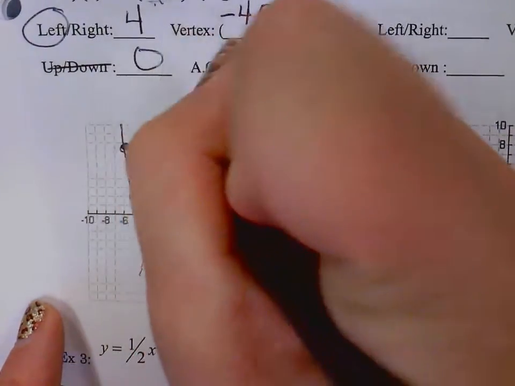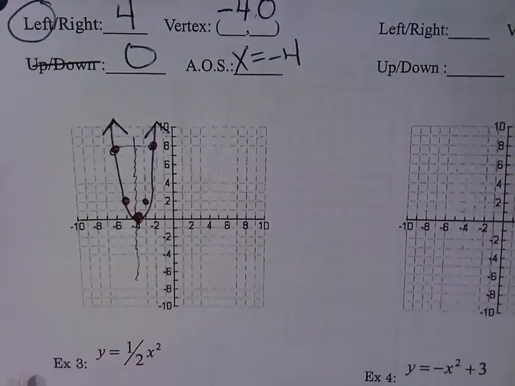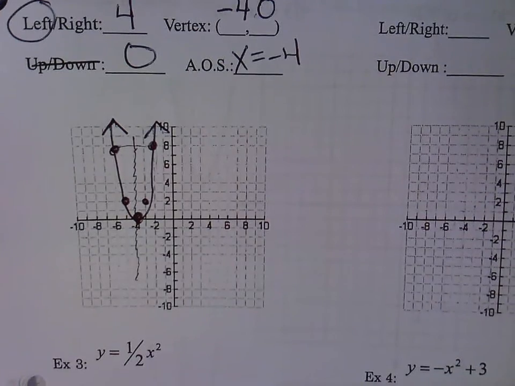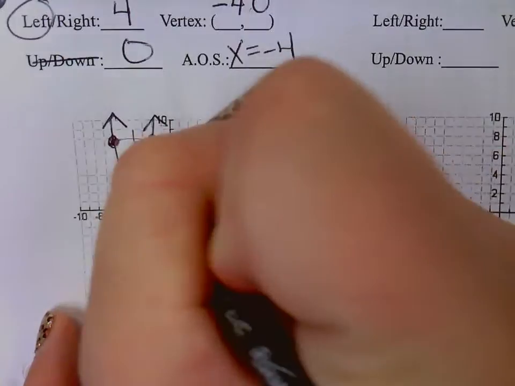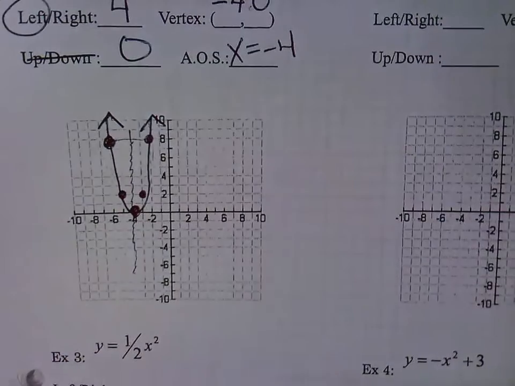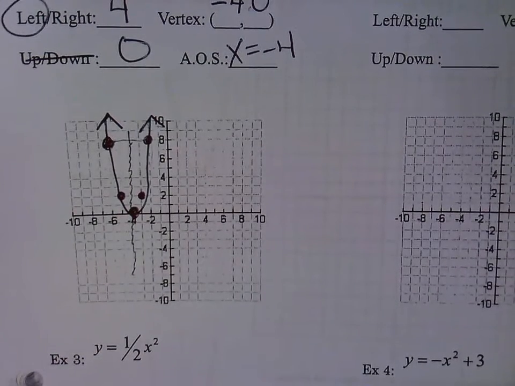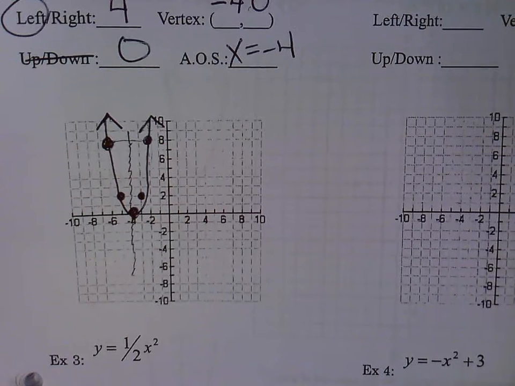So that parabola is twice as steep as my normal parent function. So 1, 2, and 2, 8. 2 away from the vertex, I'm up 8. So there's a lot going into that one problem, right? All 8 of your transformation rules plus the parent function of the parabola.